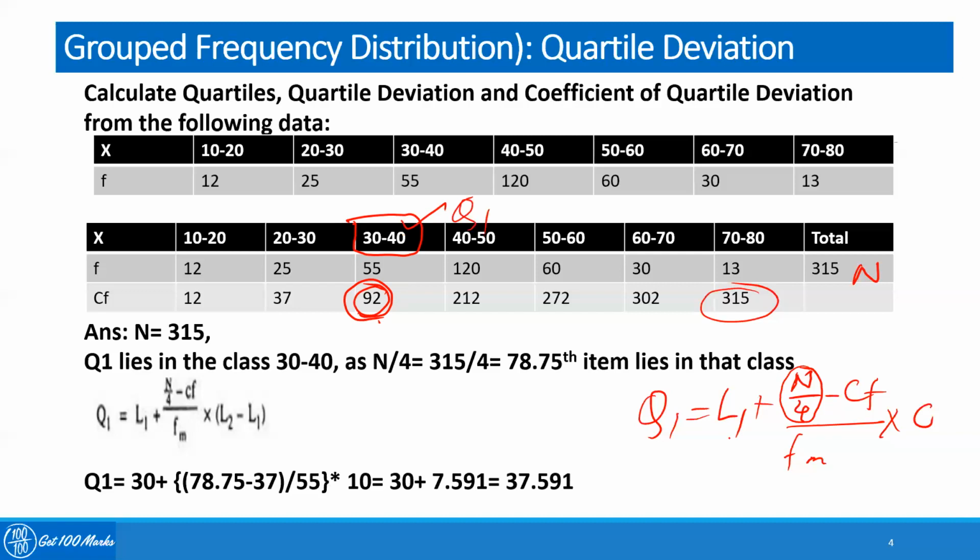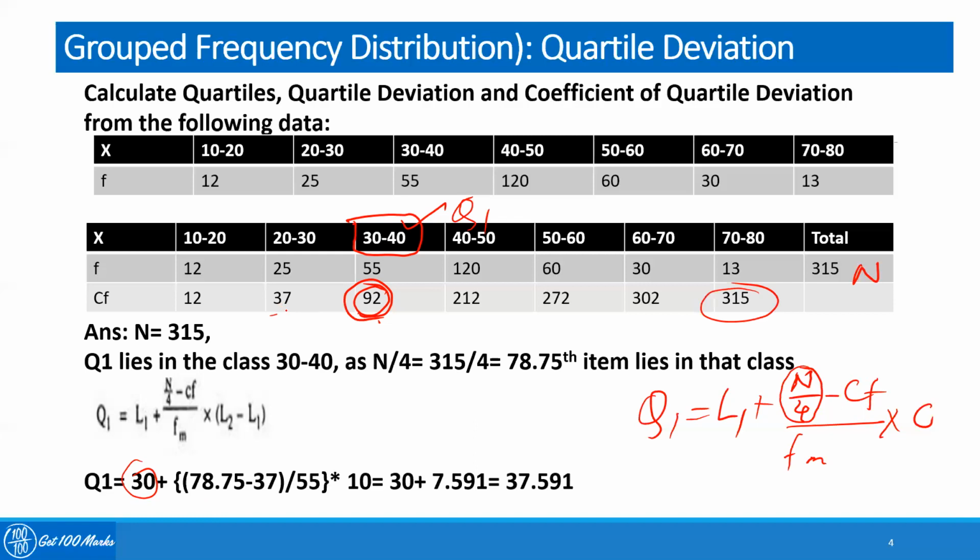L1 means the lower boundary or lower limit of the class, so we write the value as 30. Here I have written 30 plus N by 4, which we have calculated as 78.75, minus CF, the cumulative frequency of the preceding class of the quartile class.